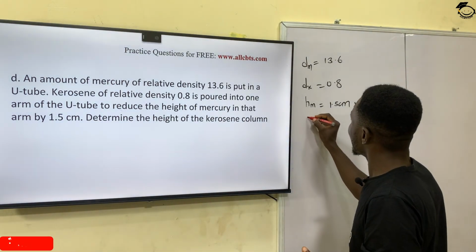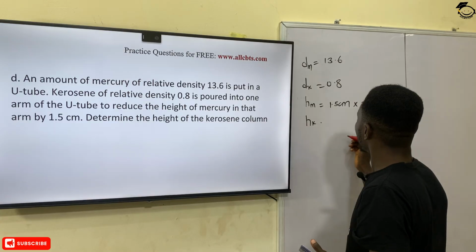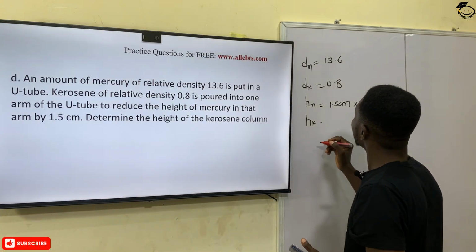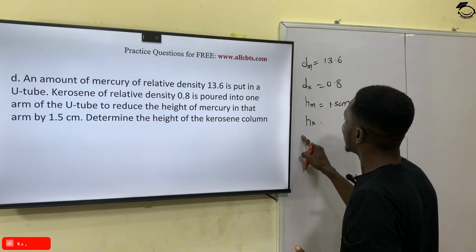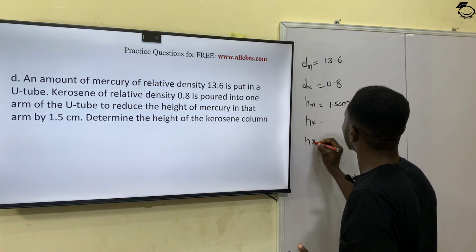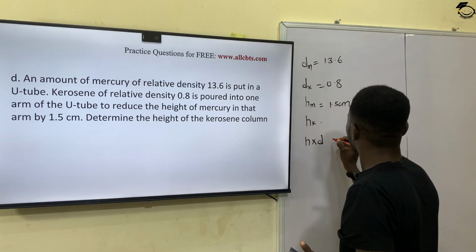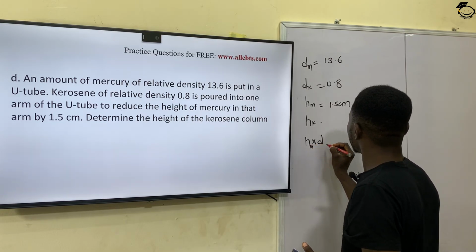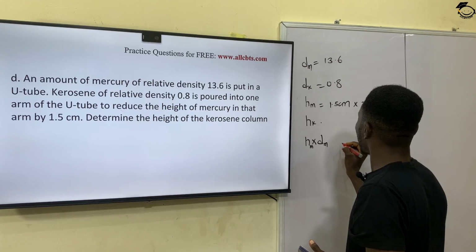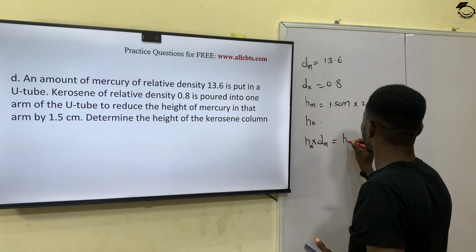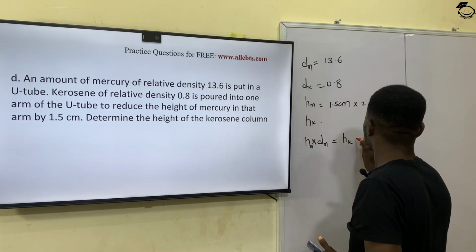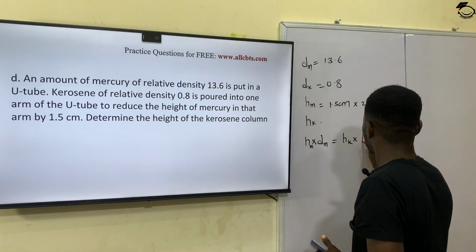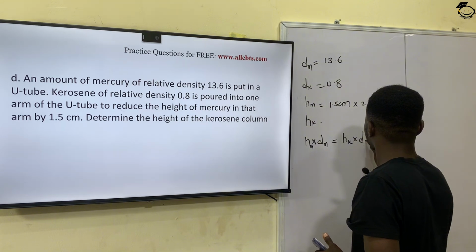So we have to find the height of the kerosene, but we know that the relative density of the kerosene times the height of the kerosene is equal to the relative density of the mercury times the height of the mercury.